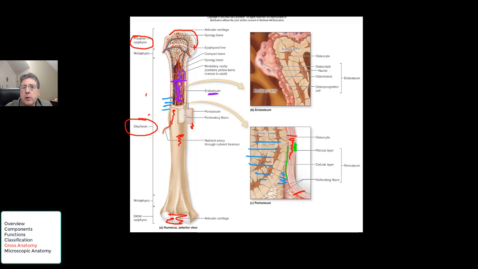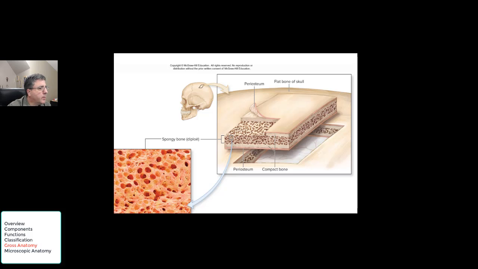Another thing that we're going to be looking at, let's look at the flat bone on here. Let's get rid of this picture, go to this picture. I think that picture. There we go. Okay, so here's a picture of a flat bone on this one. And for the most part, they have a lot of similarities to the long bone.